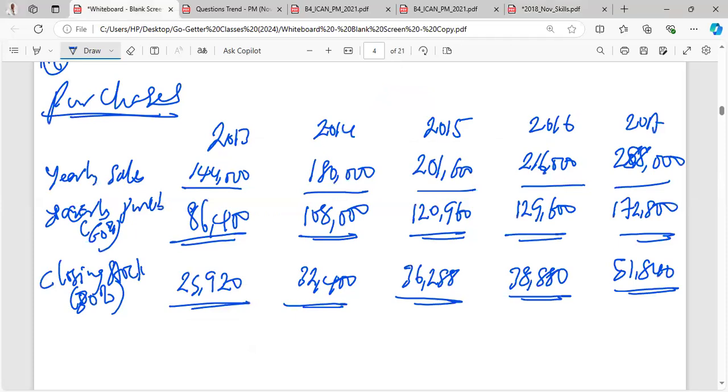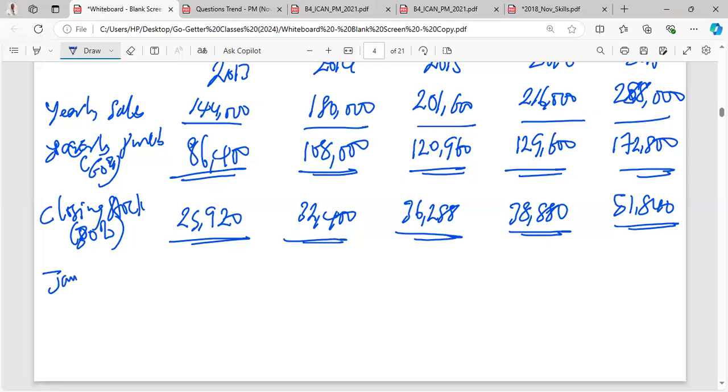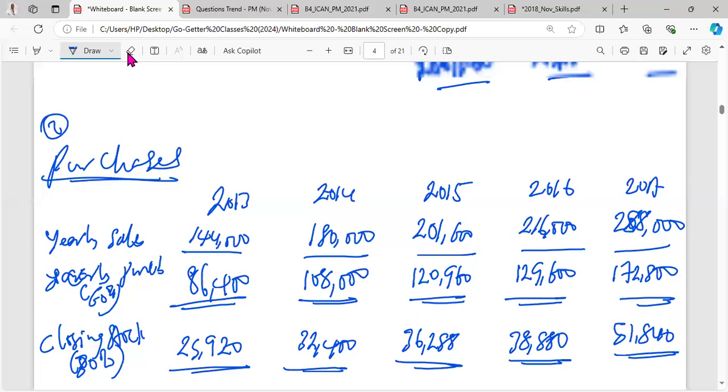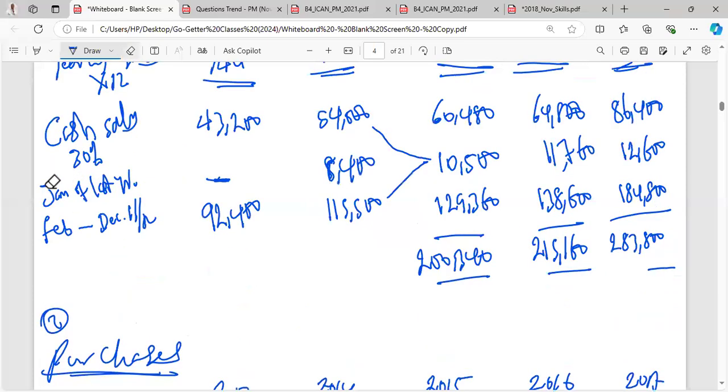I can say January last year will simply be, look at the purchase here. Then I will say Feb to December this year. Why am I saying January last year? December last year. It's December last year I should have put here. December last year is coming in.